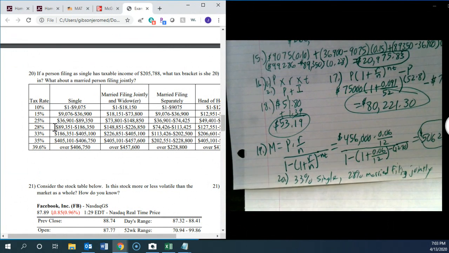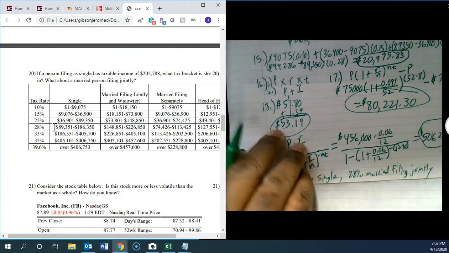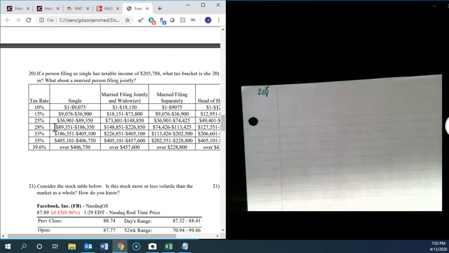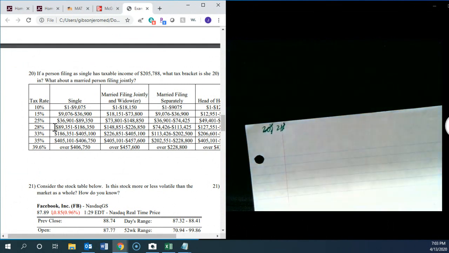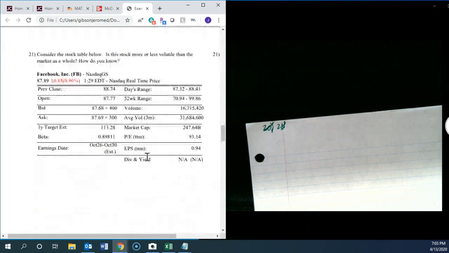Okay, now with 21, so I'll start over here with 21. All right, with problem 21, it says, consider the stock table. Is this stock more or less volatile than the market as a whole?